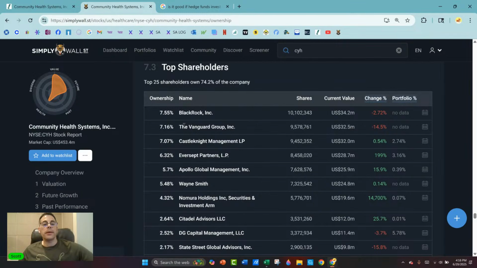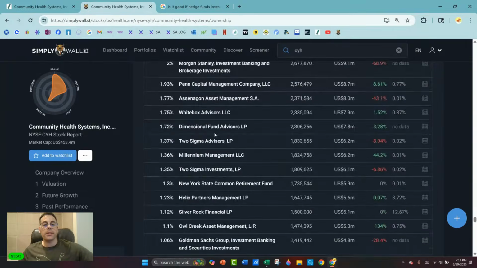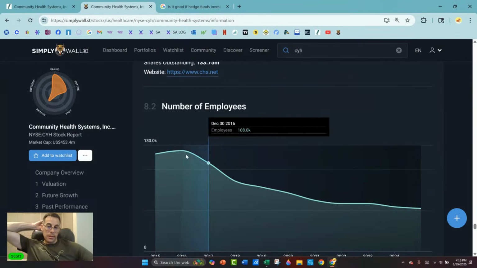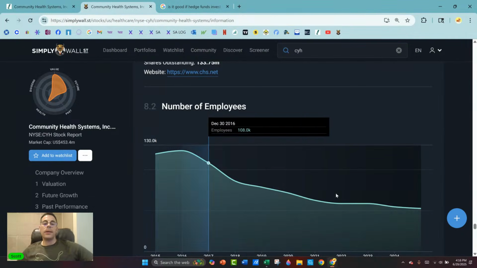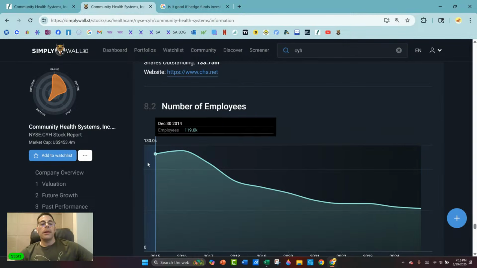Okay, these are the biggest investors: BlackRock, Vanguard, the usual suspects. So it looks like they've been divesting or selling off business units because their employee count is cut in half, which I guess is more than half.